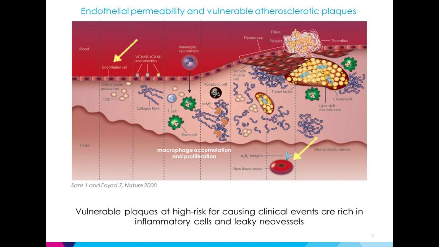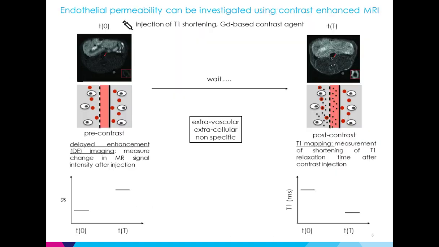Later on, increased endothelial permeability and an extensive network of microvessels or neovessels that form in the plaque facilitate the extravasation of inflammatory cells that you can see here in the middle, that are basically recruited after the maladaptive inflammatory response that is triggered by lipid accumulation itself.